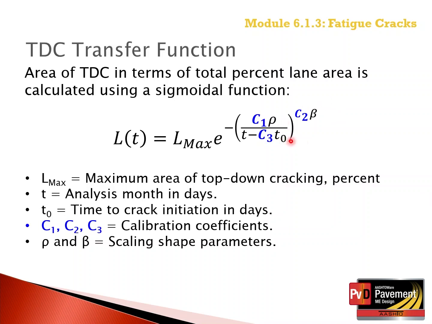The rho and beta terms will be defined on the next slide. But the T0 is the time to crack initiation in days. The C1, C2, and C3 are calibration coefficients, and the rho and beta, which will be defined on the next slides, are simply the scaling shape parameters.